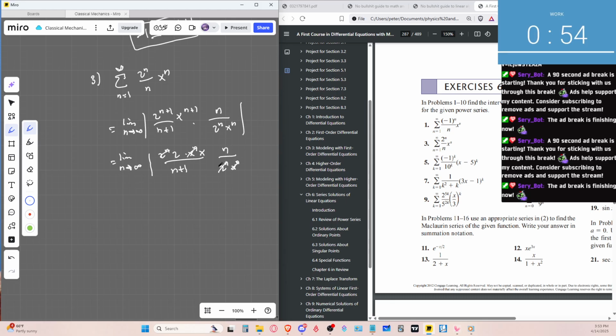So these cross out. Technically, these two are the same power, so they can become one. So it ends up we get equal.